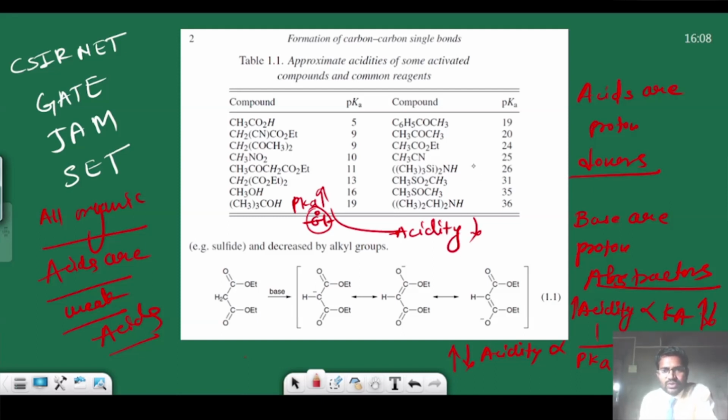These are the compounds along with their pKa values that we need to understand. This table is very important, which will help us to determine the acidity, and which will help us in the enolate chemistry as well. So this is the active methylene compound.